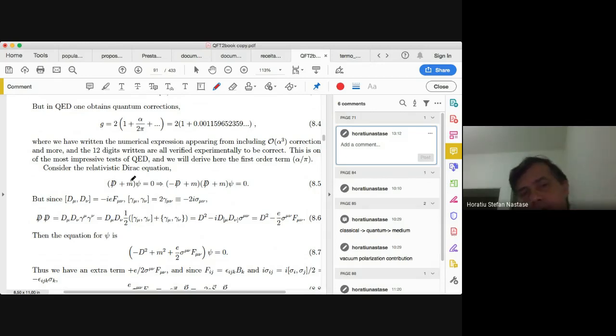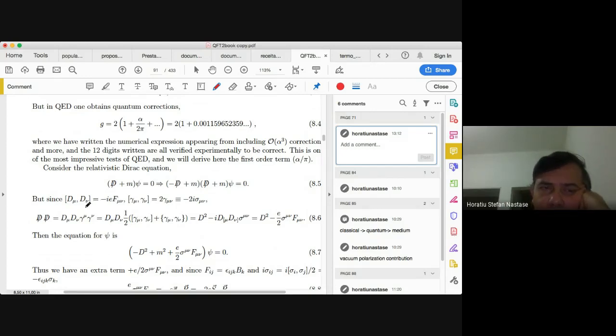So, you know, m in this case can be plus m or minus m, but minus m would be negative energy, and that is normally completely filled, meaning there's no free state there. But let's multiply anyway with this operator minus D slash plus m, or if you want, D slash minus m.